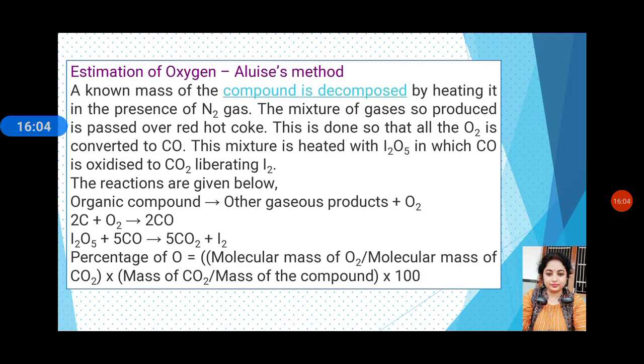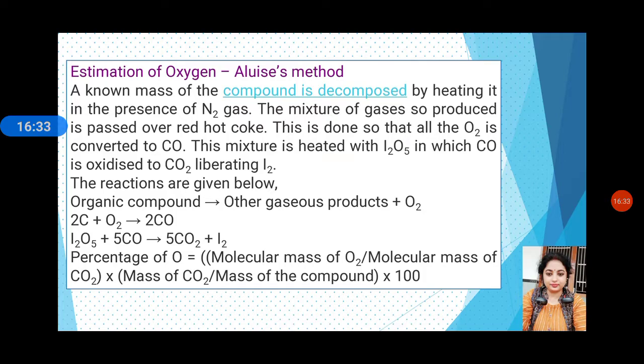It is calculated by the difference method. If we have estimated all the other elements present in the organic compound, we just subtract it from 100 and the remaining percentage is that of oxygen. As it is mentioned in your book, we will see the procedure also. So percentage of oxygen equals 100 minus percentage of all other elements in the organic compound.